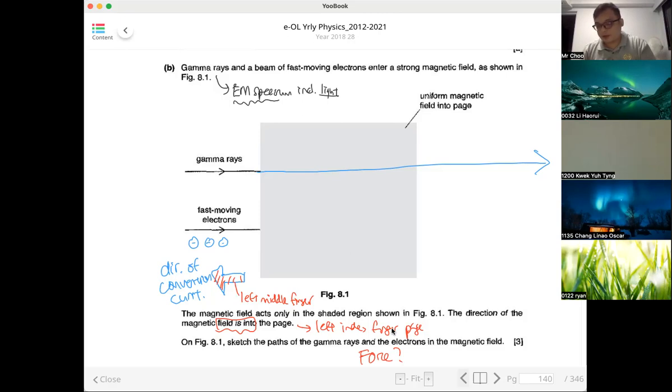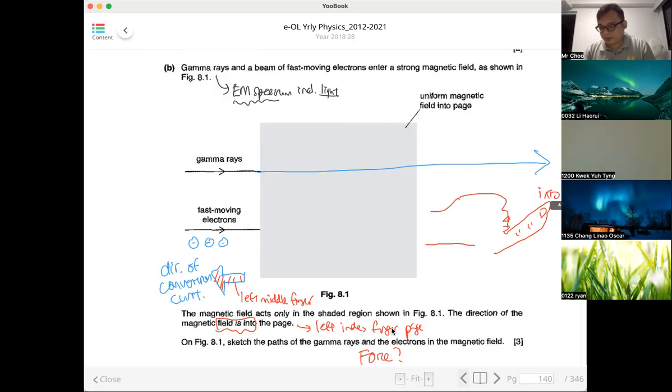Okay, you think well done. So what happens like this? This is your left index finger. This is your hand. Pointing into the page.